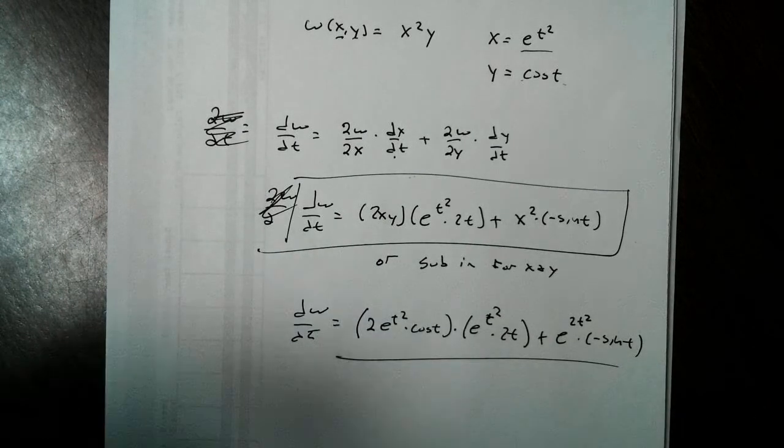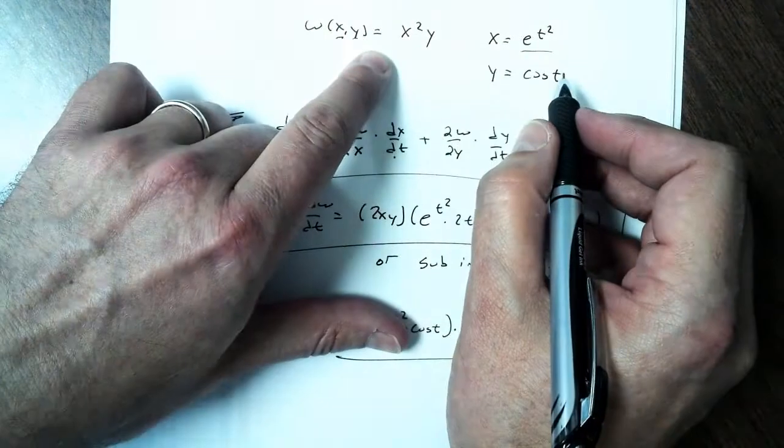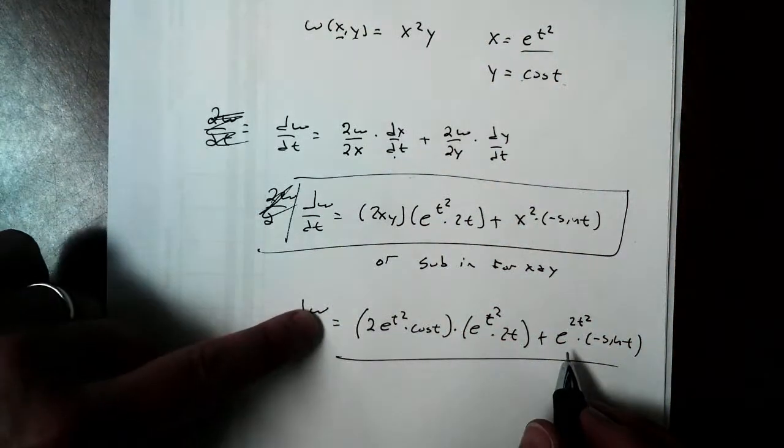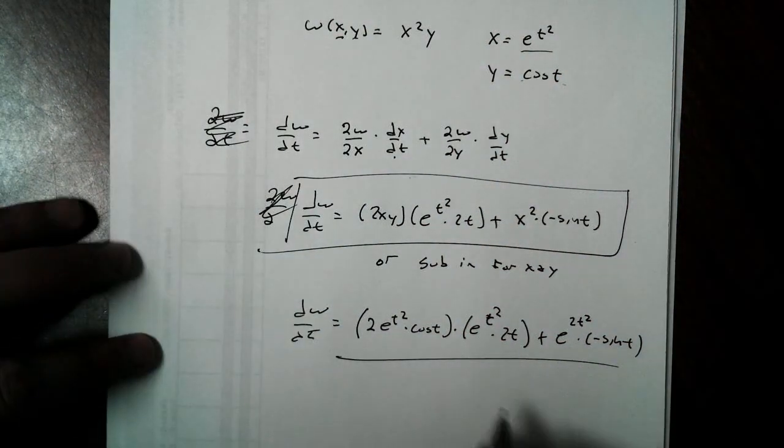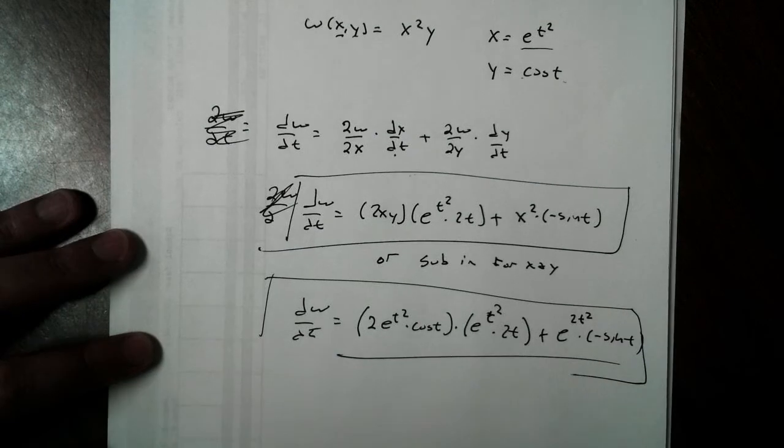And that would be your actual derivative. If you were to substitute these in, and you did the old-fashioned way of derivative, that's what you would get. That would be your derivative with respect to t.